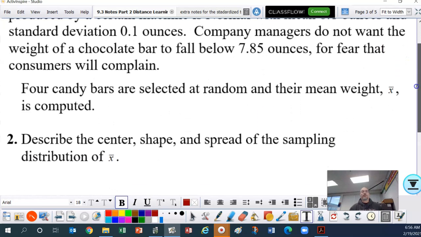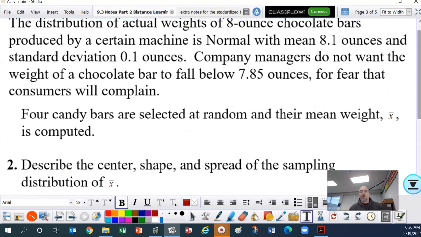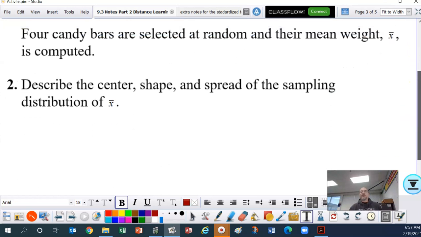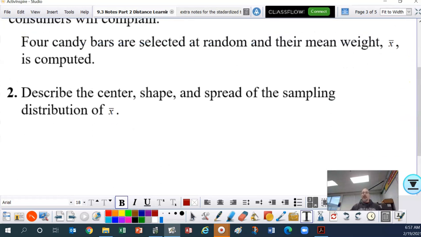Now, let's say 4 candy bars are selected at random and their mean weight X bar is computed. Describe the center, shape, and spread of the sample distribution. All right, well, the center, ladies and gentlemen, that's the mean.